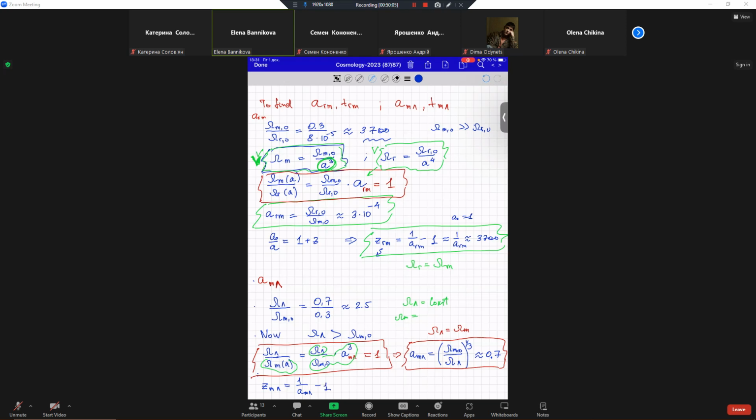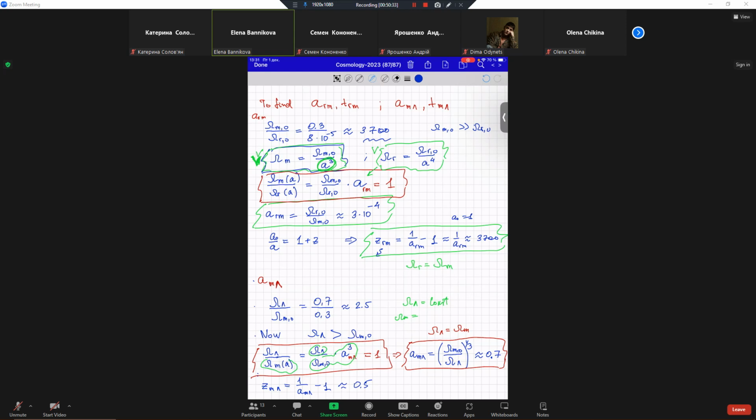So, 1 divided by 0.7 minus 1 will be approximately 0.5. If we remind ourselves why, we can immediately find the redshift, and now speak about this, because it's simple to find.